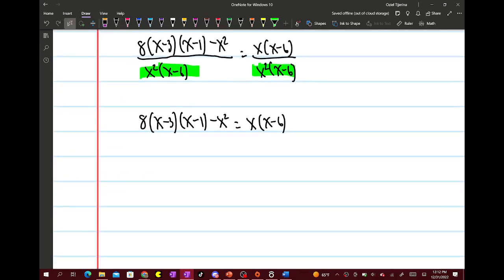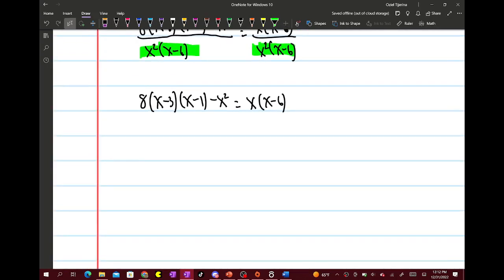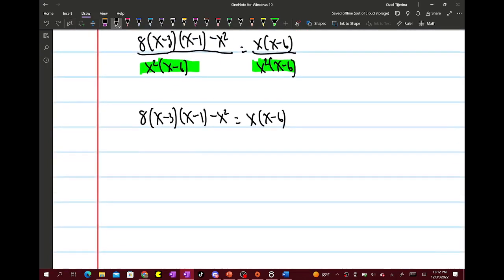Okay, so we're then going to go ahead and simplify this. So we have 8, and we're going to do the FOIL method with this. So it's going to be x squared minus x minus 3x plus 3, and then minus x squared like this, right?